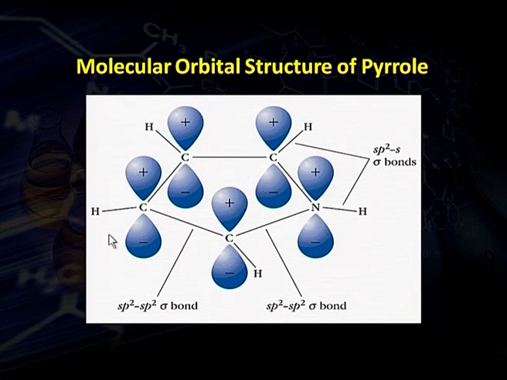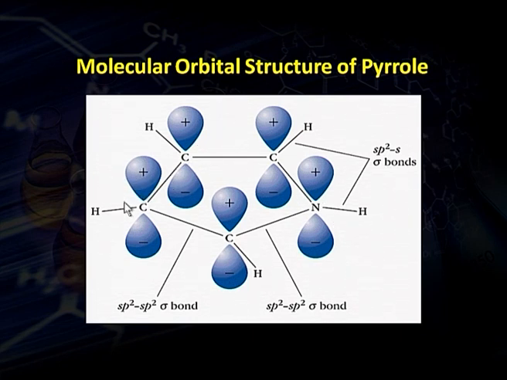Now, as we know that all the sp2 orbitals are in the same plane, the 4 carbon atoms and the nitrogen atom, including the hydrogen atoms, are in a single plane. Now, there is one pure p orbital on each atom of the ring, on each carbon atom and on the nitrogen atom, and these pure p orbitals are in a plane perpendicular to the plane of the ring.